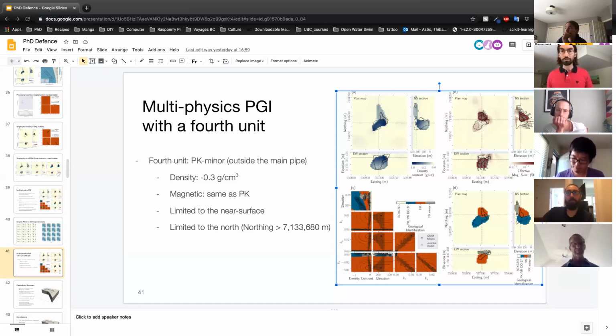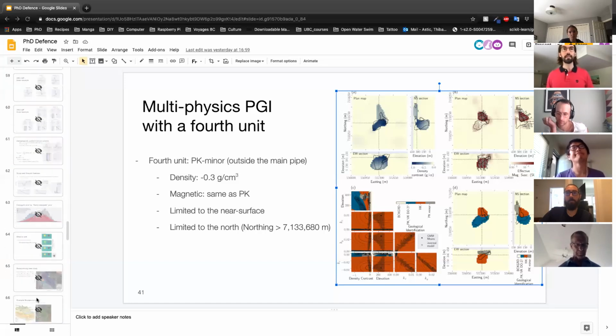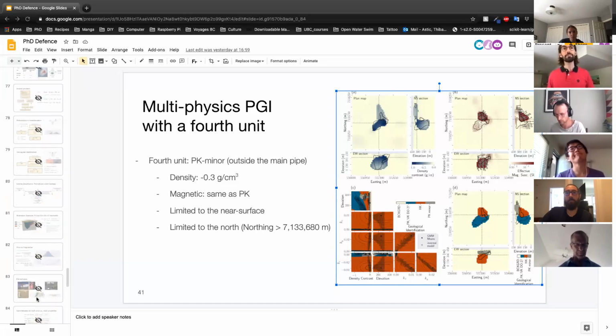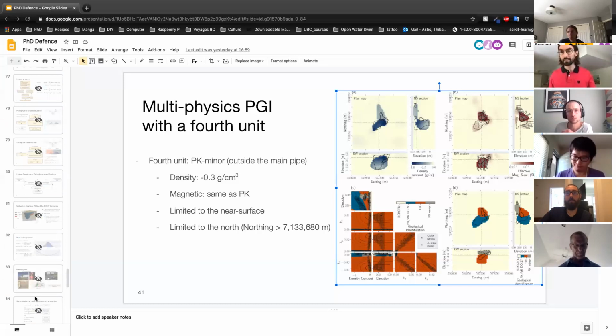So I prefer to present it as: make an assumption about the number of units, and I'm going to recover an inversion with that number of units. But you can also try to vary the proportions locally, but you have the risk of maybe losing some units. And I've done some work, but it's more in the development section of the thesis too.